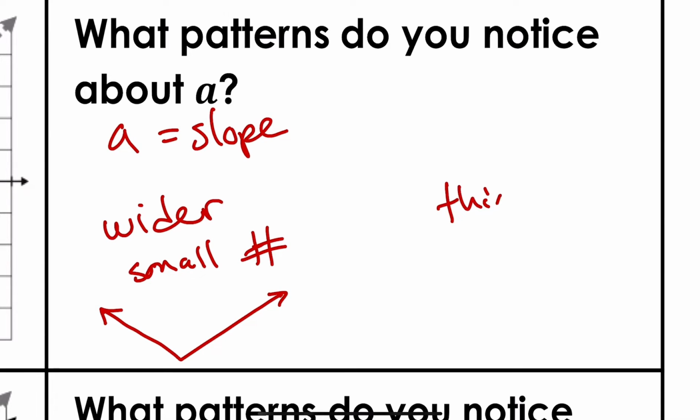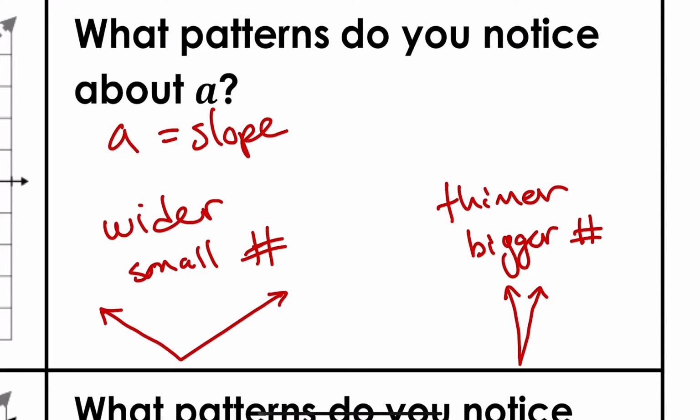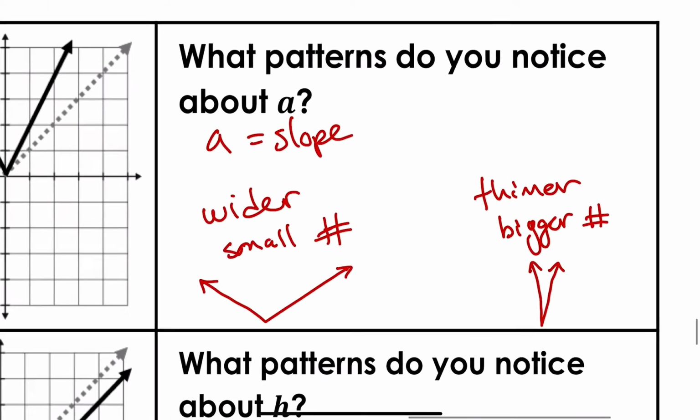It gets thinner when it has a bigger number. And it's going to be something kind of like this, where it's thin, like it's been stretched out. And that is what our slope is going to do. It's going to control how big or small our opening is. Okay, so that's A.